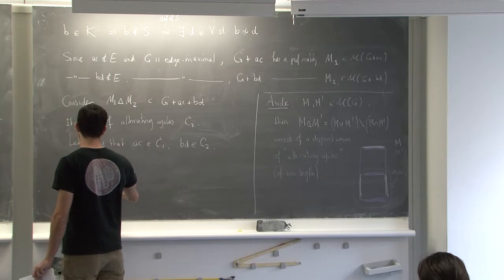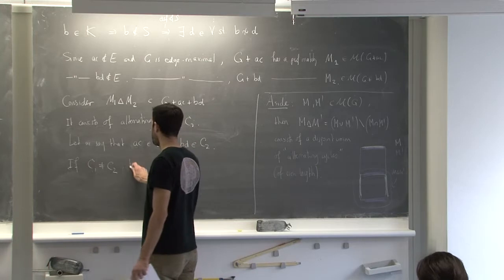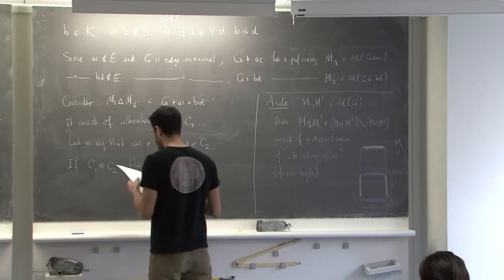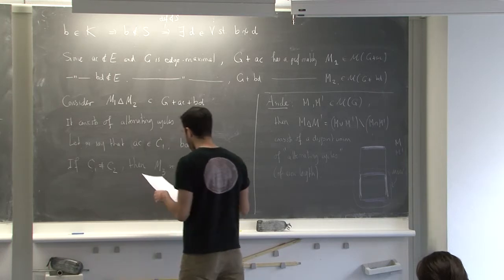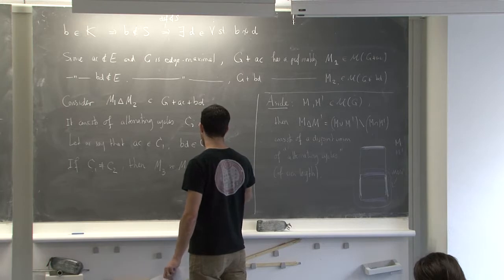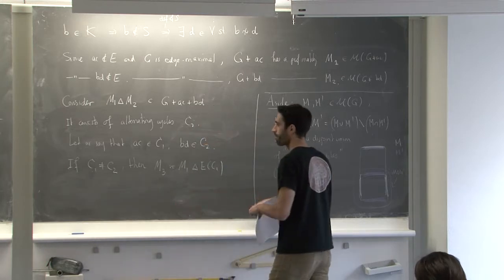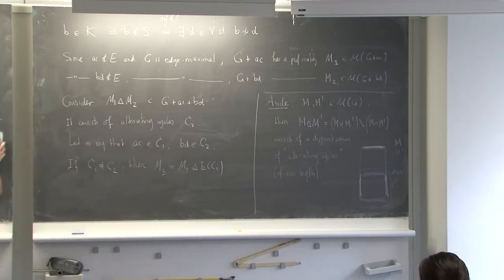So if C1 is different from C2, if they don't belong to the same cycle, then what do we consider? Then we consider M3, which will be given by M1 symmetric difference with the edges of C1.